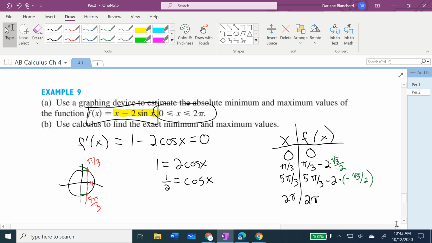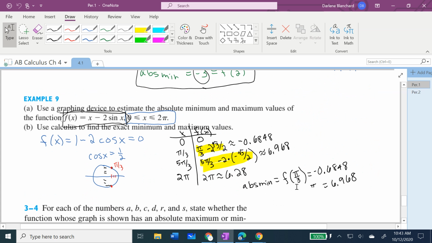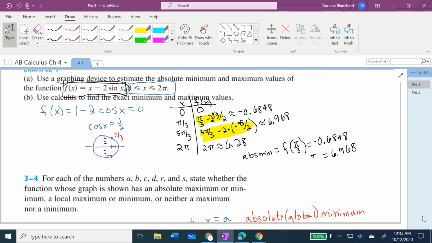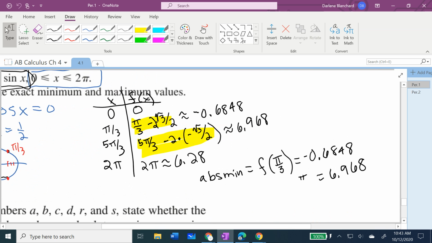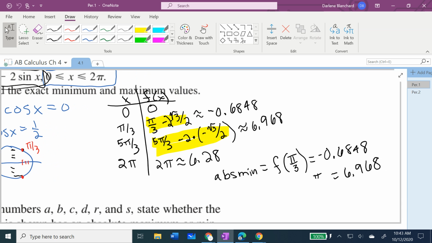So once you get here, you can use your calculator to get these numbers. And then you are able to say the absolute minimum and maximum.